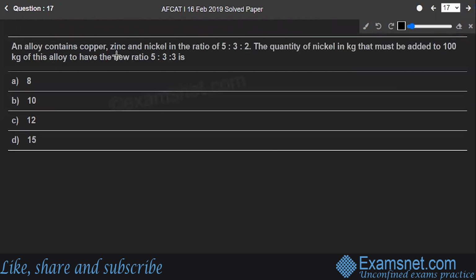It says an alloy contains copper, zinc, nickel in this ratio. Quantity of nickel in kg must be added to 100 kg of this alloy to have the new ratio as 5:3:3. So first thing, the quantity of nickel in kg that must be added. I'll assume let the quantity of nickel be X kg, right?